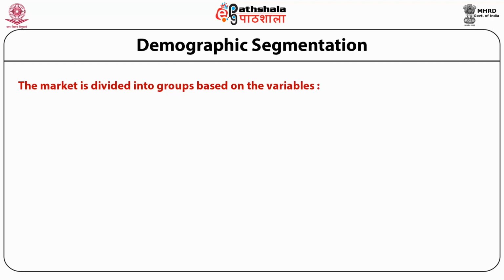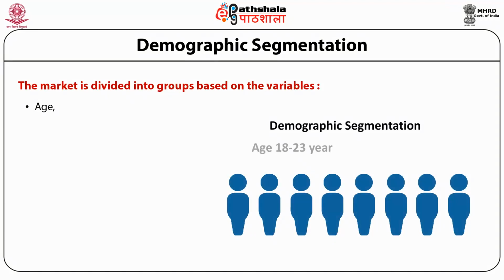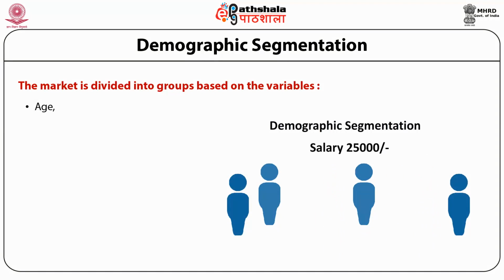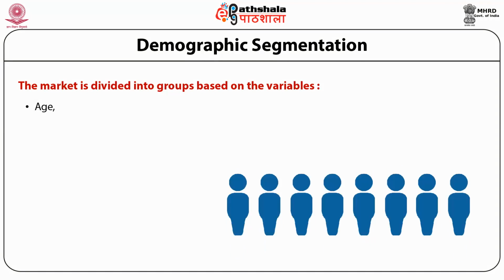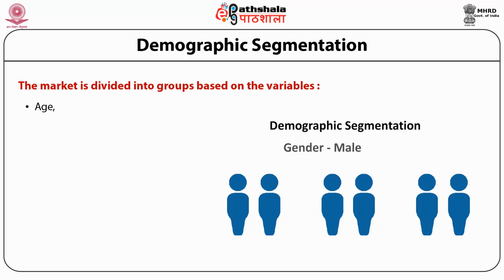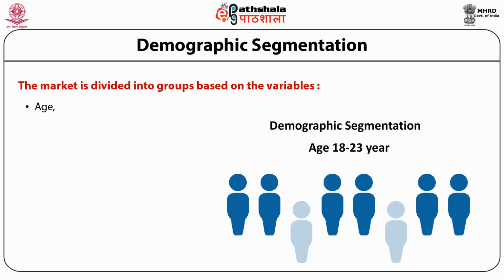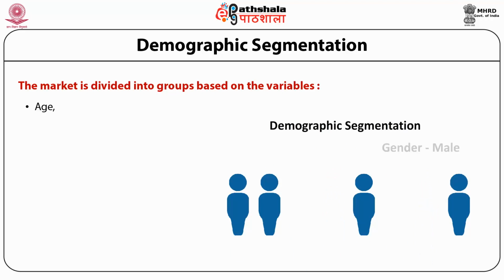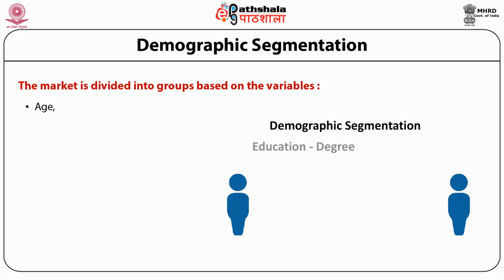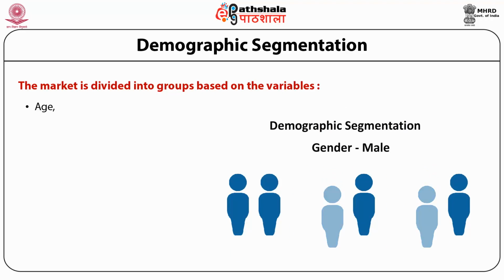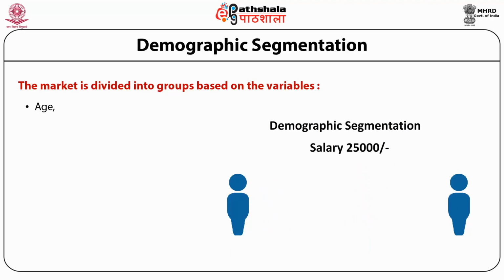We can divide the market on the basis of age, like the 0 to 10 group, 10 to 20 group, 20 to 30, 30 to 40, 40 to 50 and so on, as per our convenience. In this way, we can segregate the common needs of one age group and decide the marketing mix accordingly.